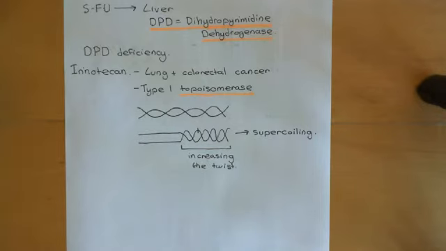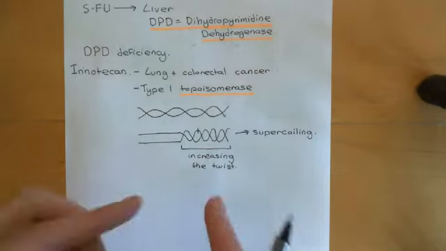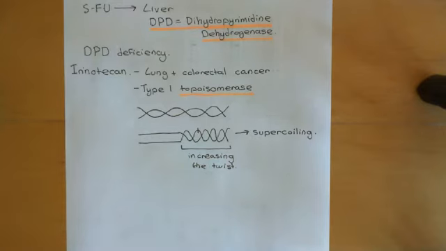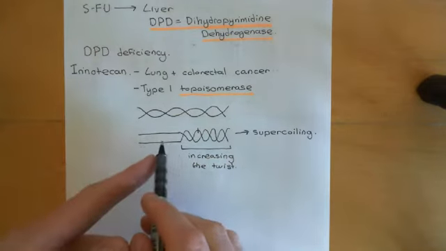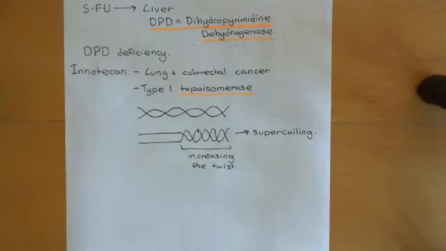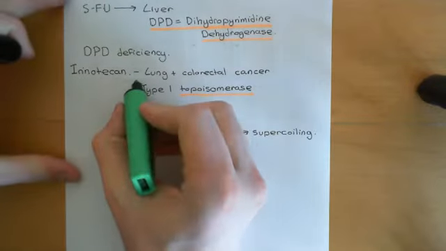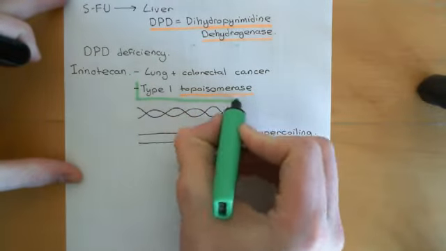So without these essential enzymes which remove this very dense twisted portion upstream of replication forks or transcription forks, you cannot transcribe your DNA and you cannot replicate your DNA. So this is very, very important, basically. And irinotecan works by blocking these type 1 topoisomerase enzymes.